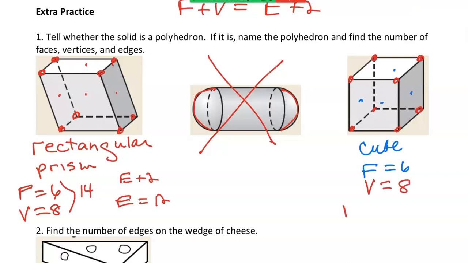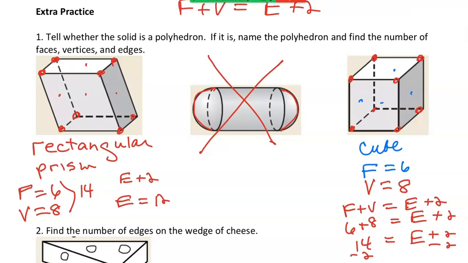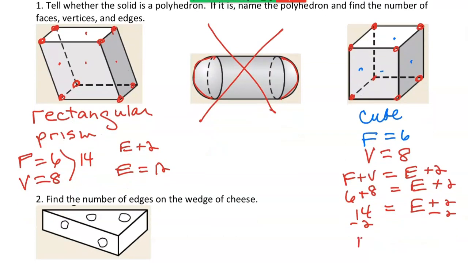And if I know that F plus V equals E plus 2, then 6 plus 8 is 14, and that equals E plus 2. Minus 2 from both sides, I'm getting that 12 equals my edges. Okay, so let me change my color and say that edges equal 12. I just did that by the math using my Euler's formula.